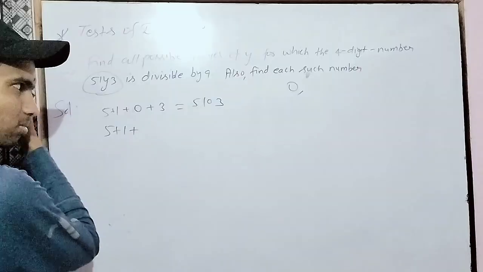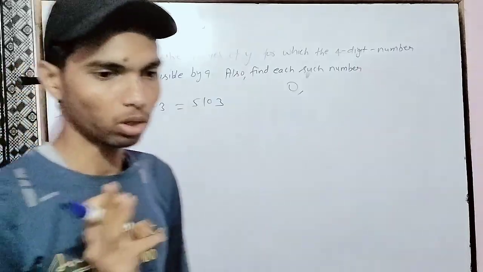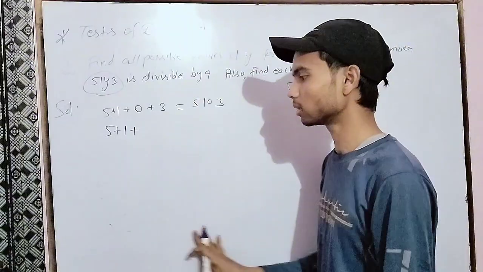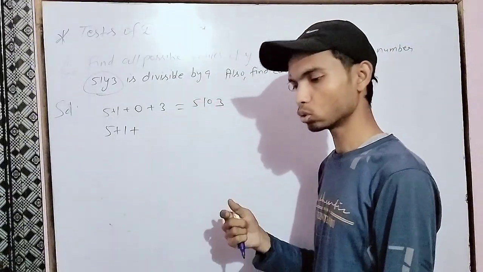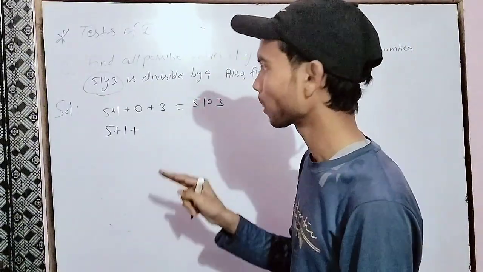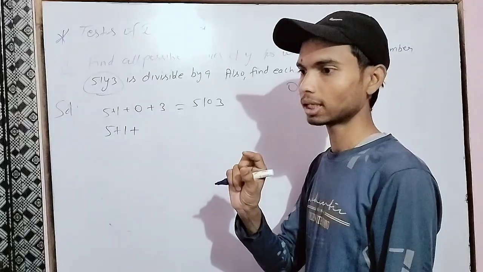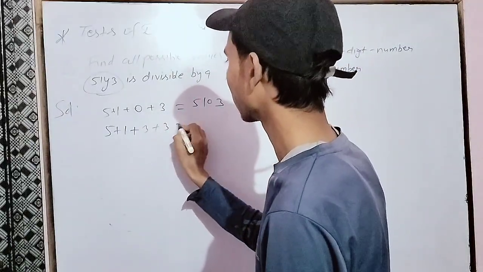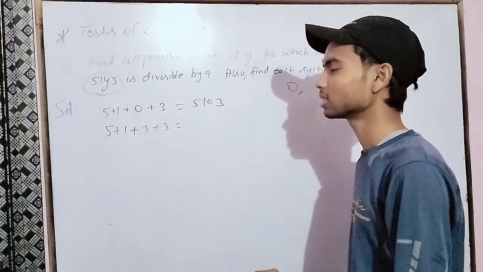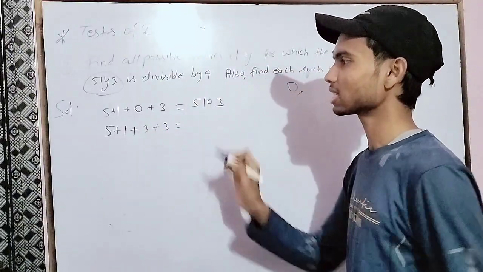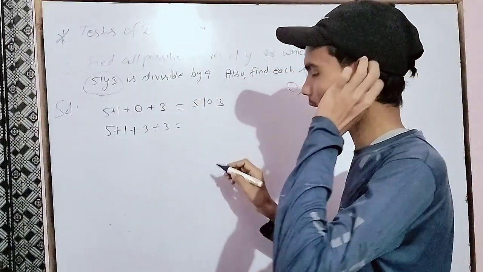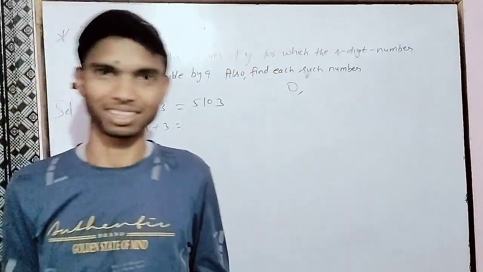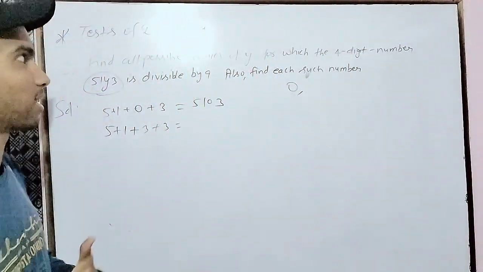Next, how much? 1. Then it will become 10. 2 will become 11, and 3 will become 12. 3 3s are 9, 3 3s are 6, and 6 is 12, and 9 2s are 18.